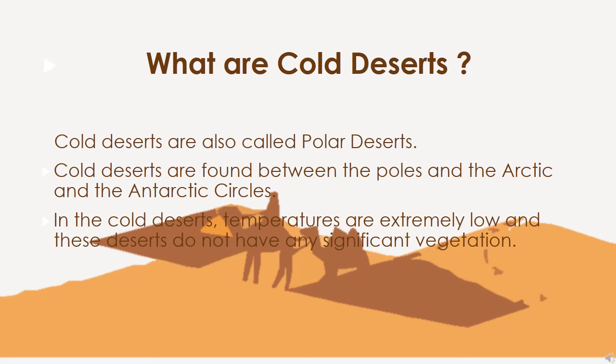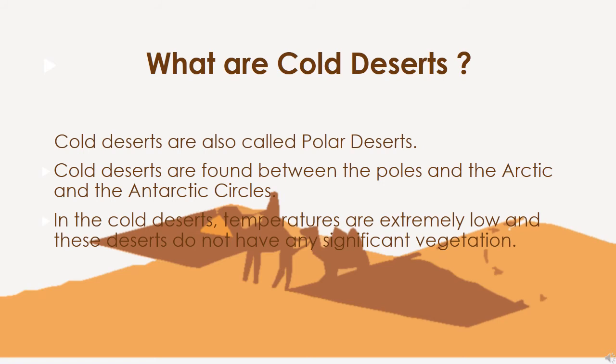Let us understand what are cold deserts. Students, other articles say that where the cold desert is discussed, it is discussed as the cold deserts occur in the temperate region but at the higher latitude. Therefore, because of its higher latitude, they are known as the coldest areas.